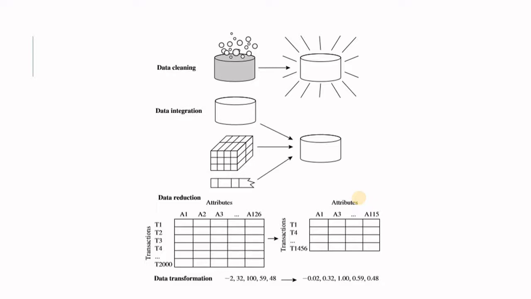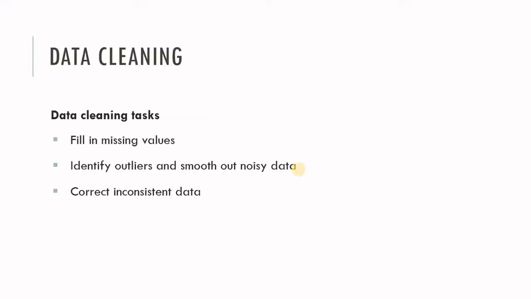So let's start with the first data mining task. In today's lecture, we'll only learn the first task, which is data cleaning. So what is data cleaning? In the real world, data tends to be incomplete, noisy, and inconsistent. Data cleaning routines attempt to fill in the missing values, smooth out the noise while identifying outliers, and correct the inconsistencies in the data.